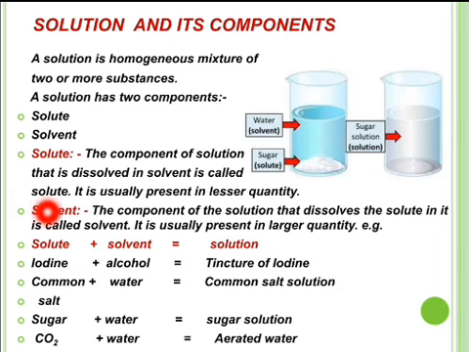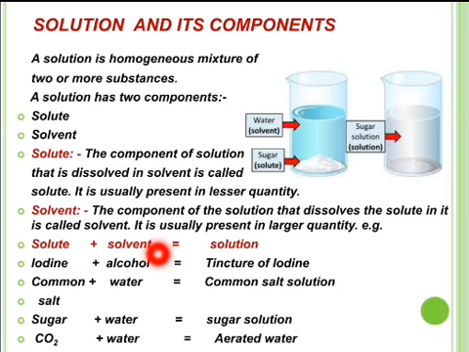Now see the definition of solvent. The component of the solution that dissolves the solute in it is called solvent, and it is usually present in larger quantity. So, in this sugar solution, water is solvent and sugar is solute. Let us see some more examples. Tincture of iodine. In tincture of iodine, iodine is taken in a small quantity and it is dissolved in the solvent alcohol.